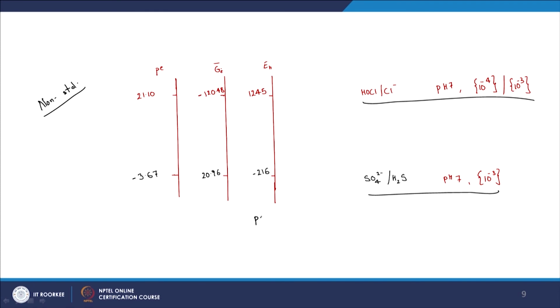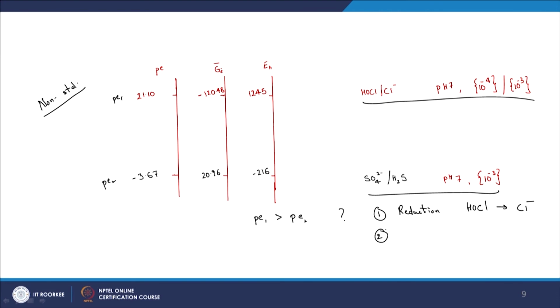Let us call this pE1 and this pE2. So pE1 is still greater than pE2, right. What does that mean? That means the first half reaction will go through as reduction, as in HOCl will be reduced to Cl minus.